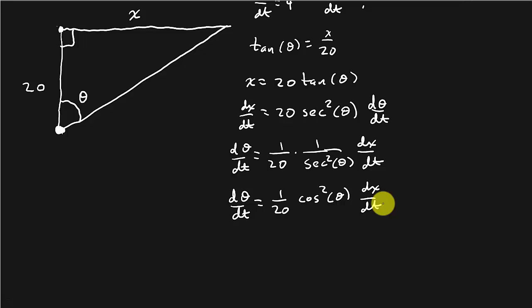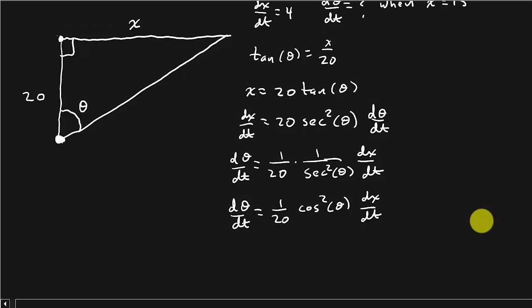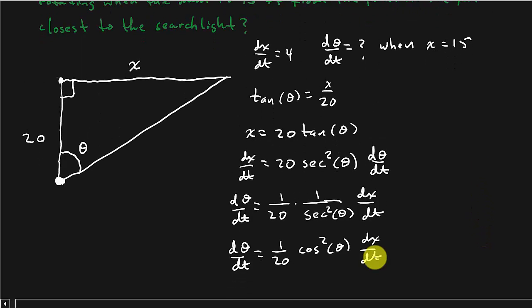All right. So does it look like we have everything we need? I think so. Let's see. For dx dt, I'm going to plug in 4. Oh, goodness. Now what about cosine squared theta?